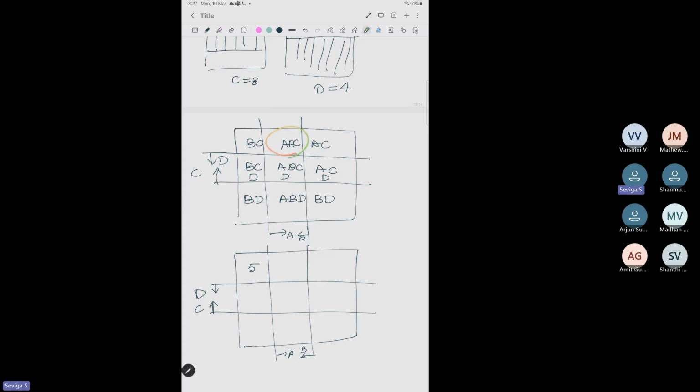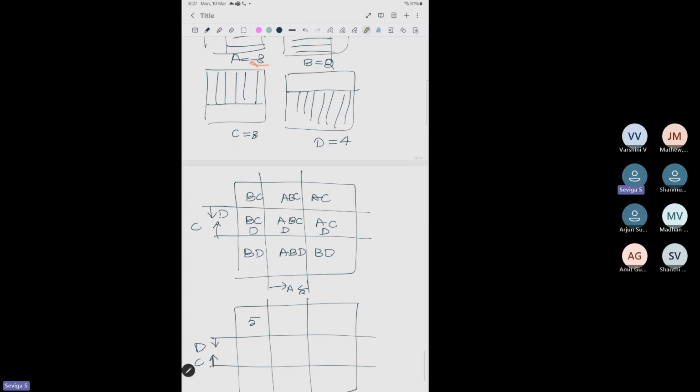Next, A, B, C is positive here. A has a value of -8, B has a value of 2, C has a value of 3. So -8 plus 2 plus 3 is -3. So this will take the value of -3. Next, you have A and C here. So A and C is -8 plus 3, which is -5.